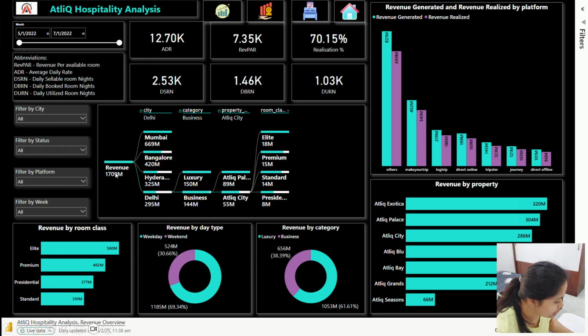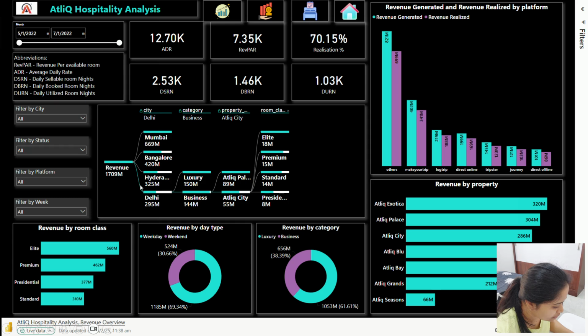Next, if we come to this decomposition tree, it shows the split of revenue by city and further by categories, business and properties, and room class. This also enables us to do root cause analysis.